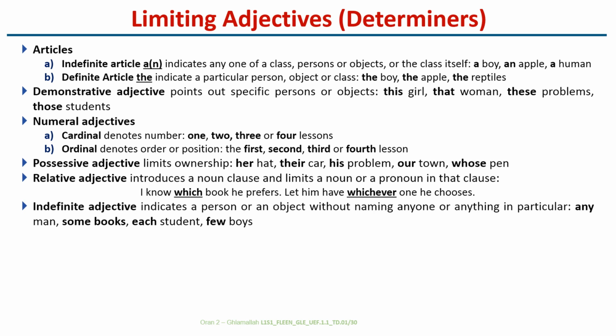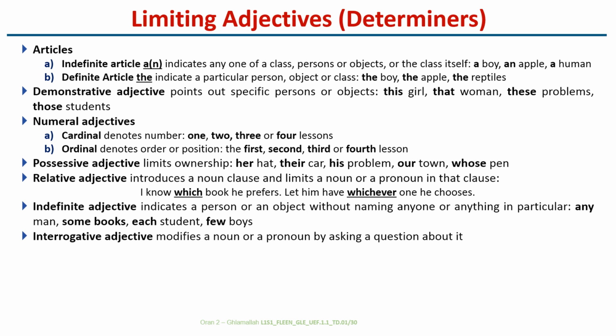An indefinite adjective or a quantifier indicates a person or an object without naming anyone or anything in particular. Any man, some books, each student, few boys, etc. An interrogative adjective modifies a noun or a pronoun by asking a question about it. For example, which road shall we take? What rules are in force?